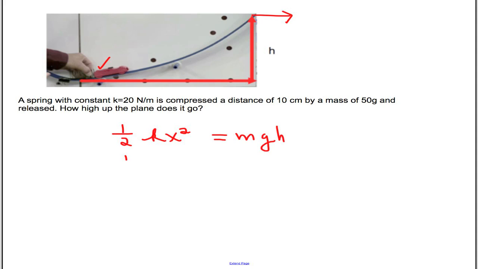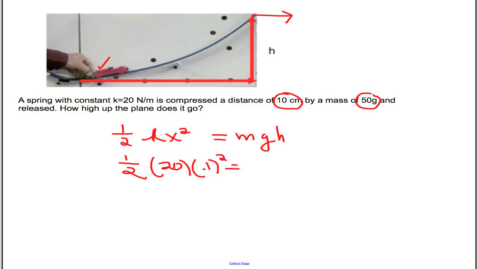And so using the numbers you have here, 1/2 times k. Now here's something very important. The units have to be consistent. It should be in meters. So 10 centimeters is 0.1 meters. And you have to square that. Similarly, mass must be in kilograms.